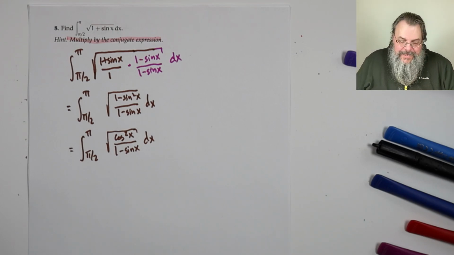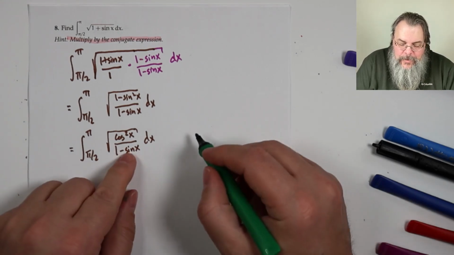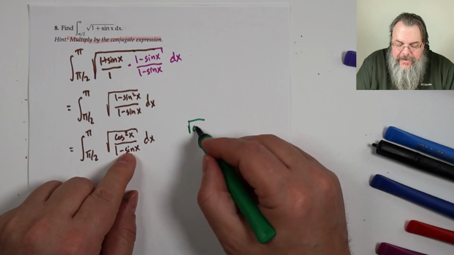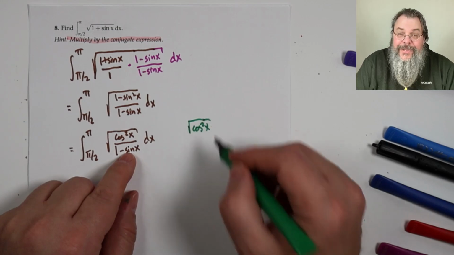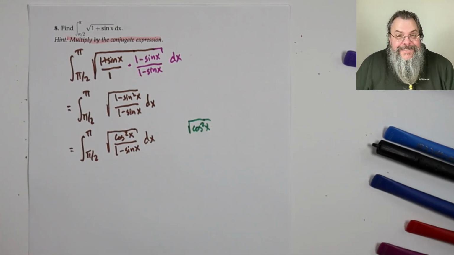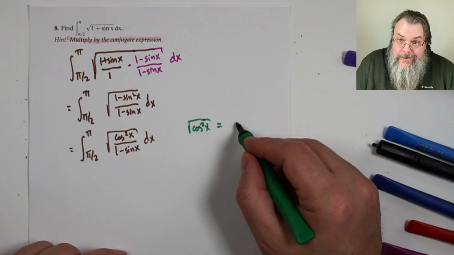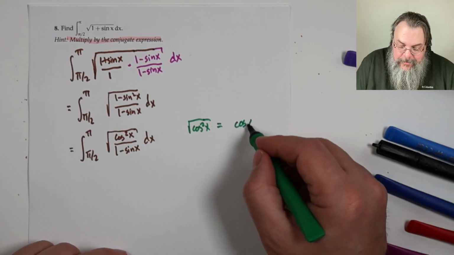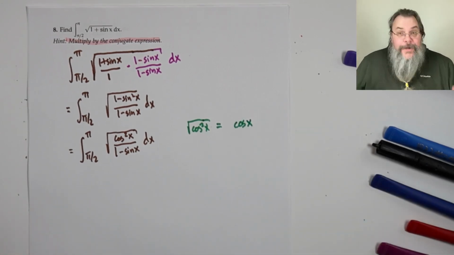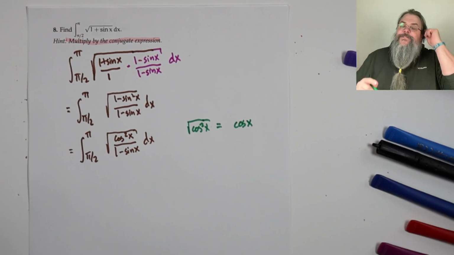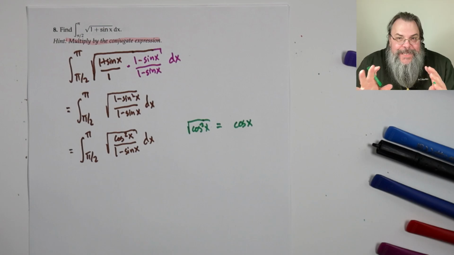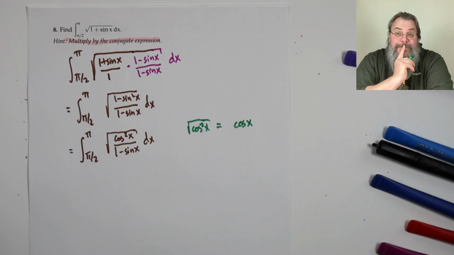But here's the part that's probably going to really annoy people. Let's talk about something. We're going to take the square root of cosine squared x. All right, what is it? Now, I know you're sitting there, you're like, Steve, it's cosine of x. Come on, don't play with me, Steve. But I'm going to play this game because it's a fun game. Is this the right thing?